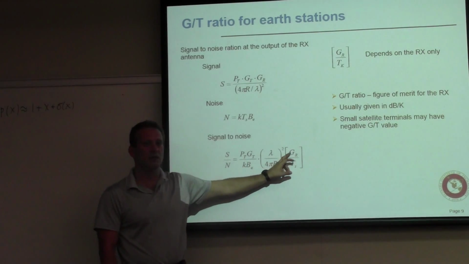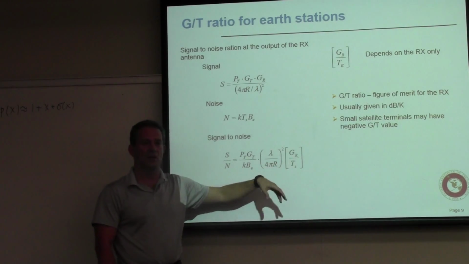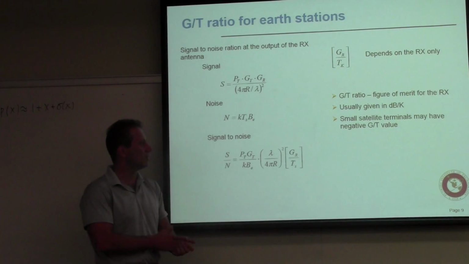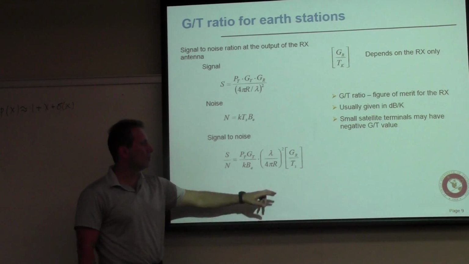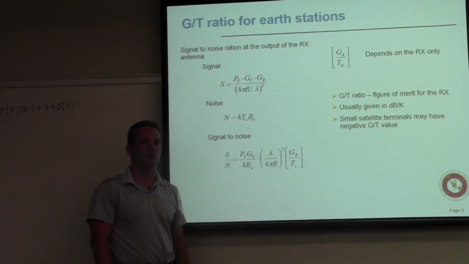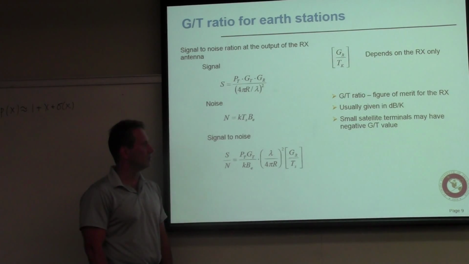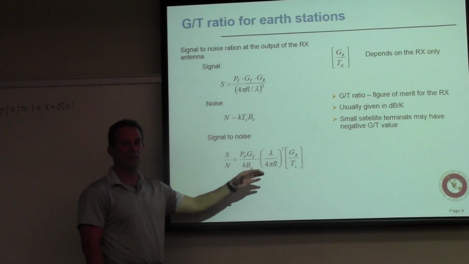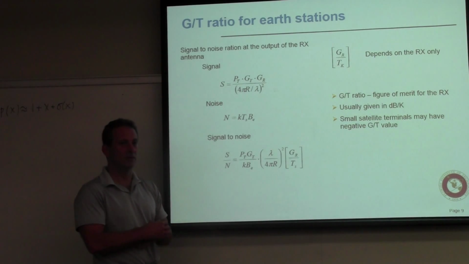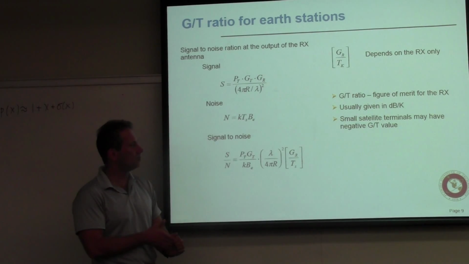One is to increase the gain of your antenna, and we know how to do that, by increasing its physical size or doing more careful design to improve efficiency. Or you can decrease the equivalent noise temperature of your receiver chain by doing careful LNA design, cooling the front end, or whatever measures you deploy.